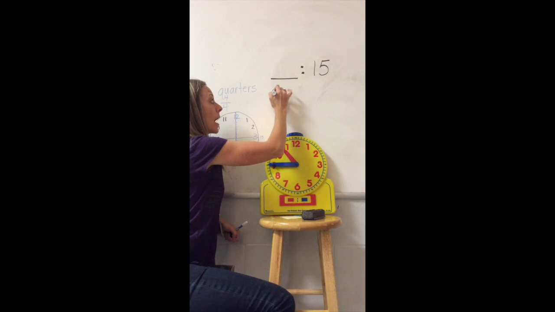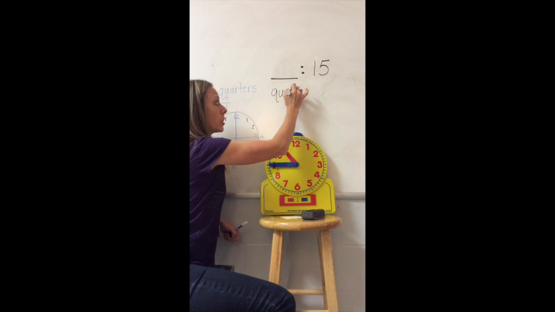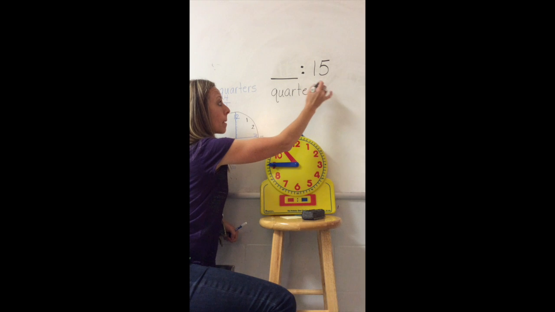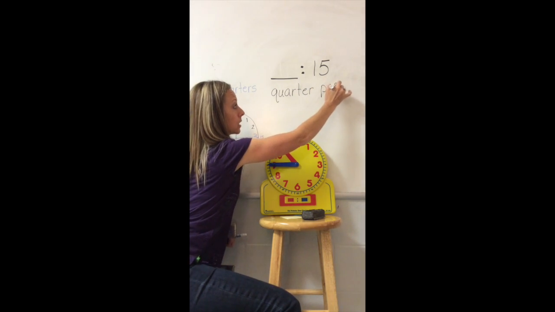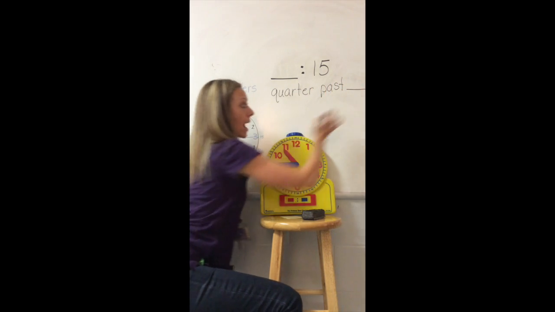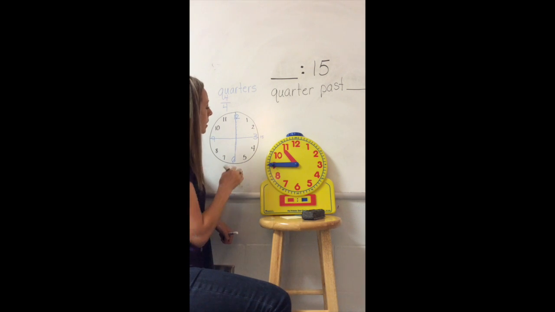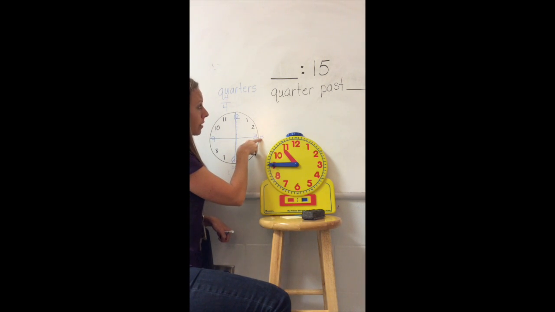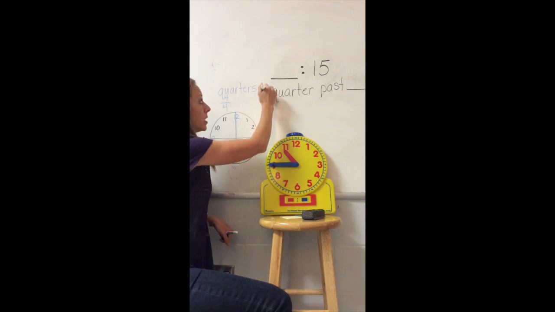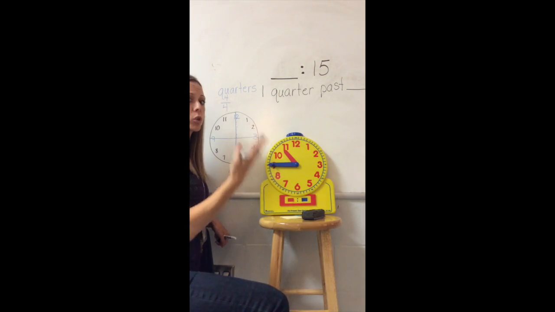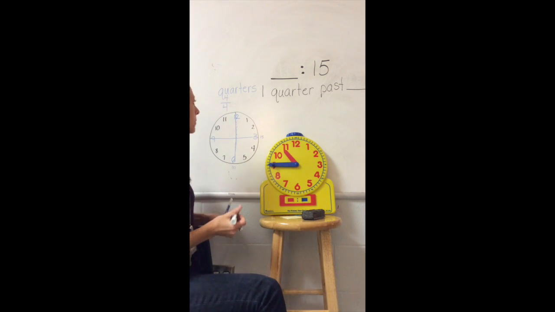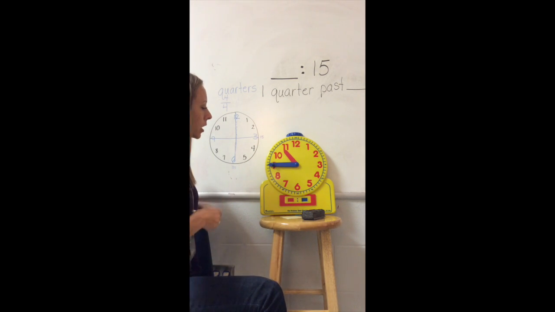So I can call that quarter past whatever the hour is. So in this case, we have 15 minutes past, or you can call it 1 quarter past or just quarter past. Either one is fine.